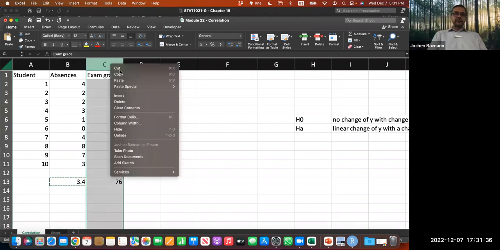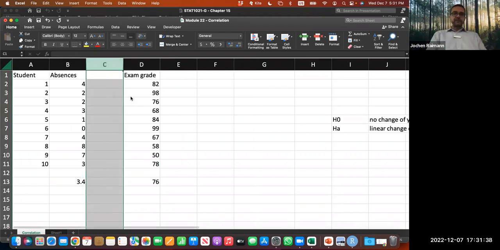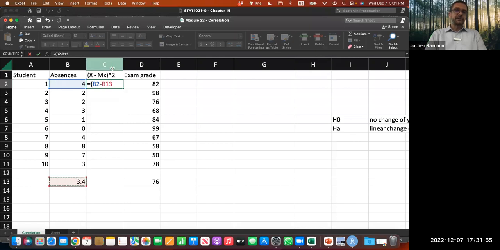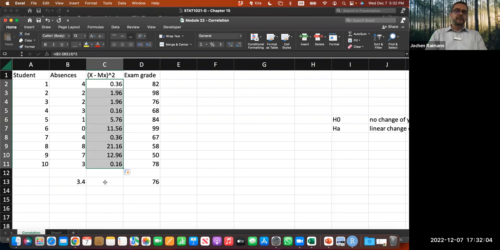Next, we're calculating our squared deviations right away. So absences becomes now X. So X minus MX squared is essentially this minus this locked in, squared, and that gets us our sum of squares X. So this is SSX.